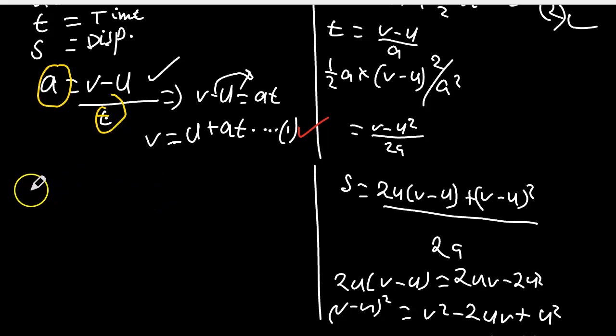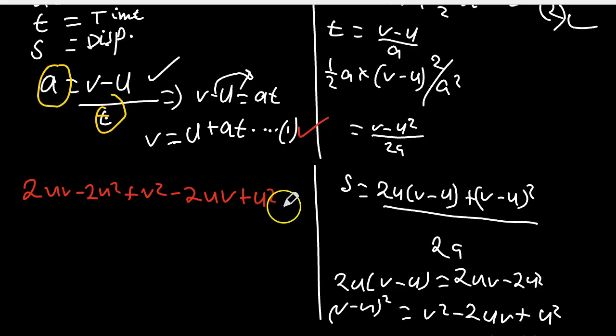We will simply get 2uv minus 2u squared from here, plus v squared minus 2uv plus u squared.